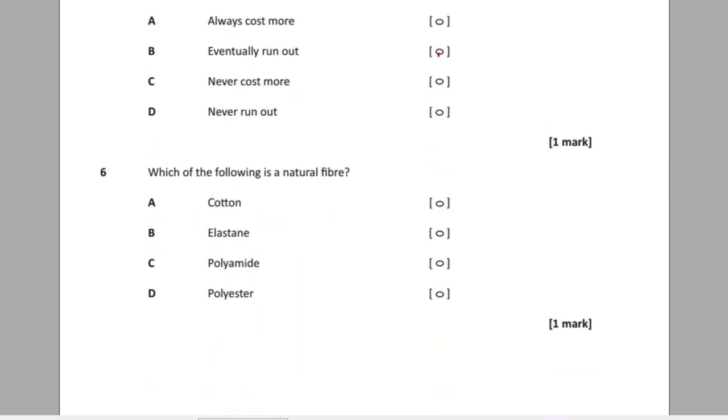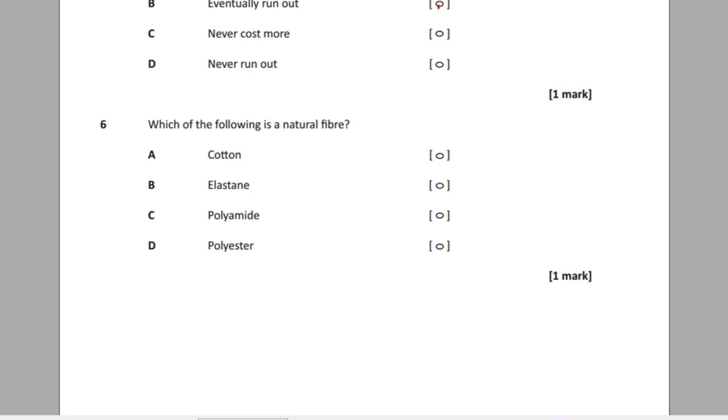Okay. Next question. Question 6. Which of the following is a natural fiber? Okay, so let's start from answer D. So polyester is a type of thermoplastic, which can be woven into fabric from thread made from polyester.